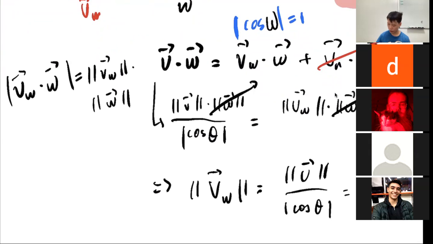Or if you don't want to use the angle theta, it's just the absolute value of the dot product V dot W divided by the length of W. Okay.